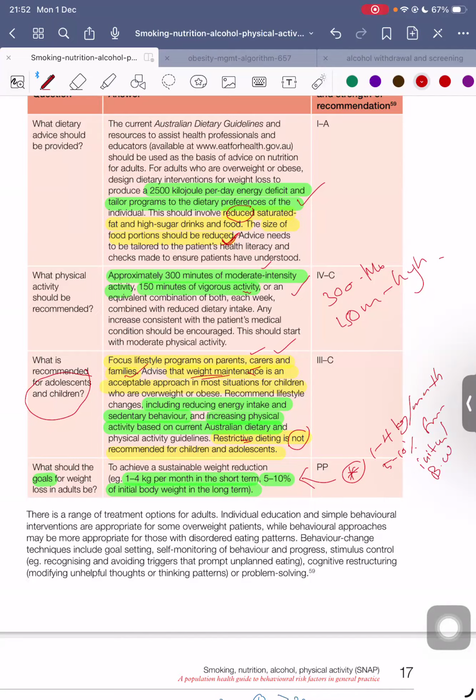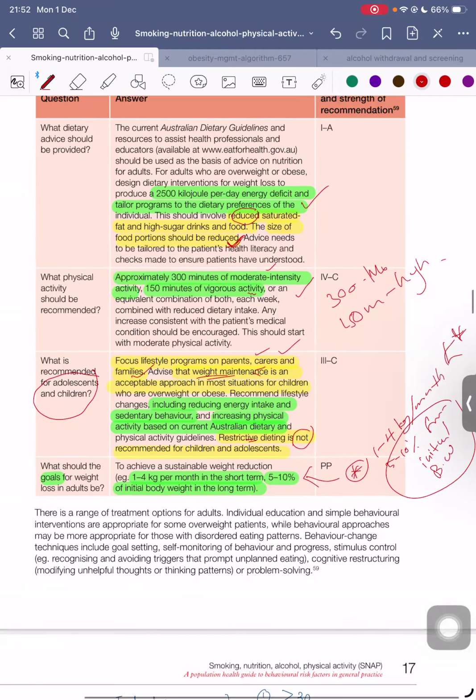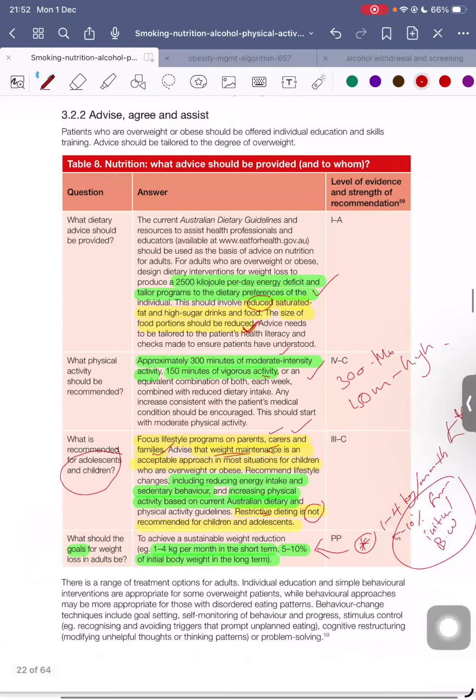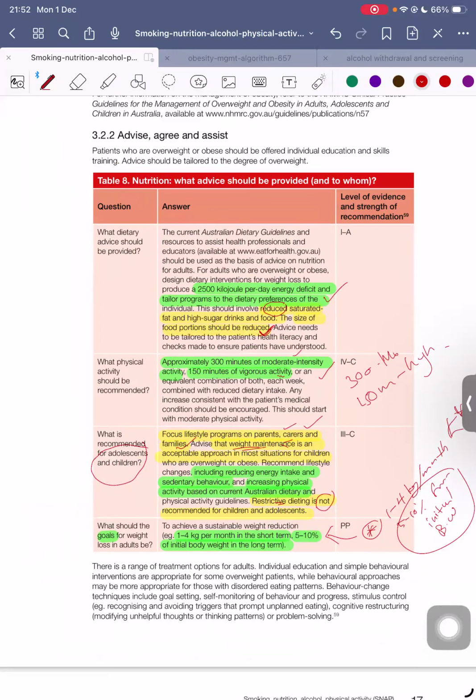The 5 to 10% is the long term one. The 1 to 4 kilograms within a month is the short term. Just remember these points.